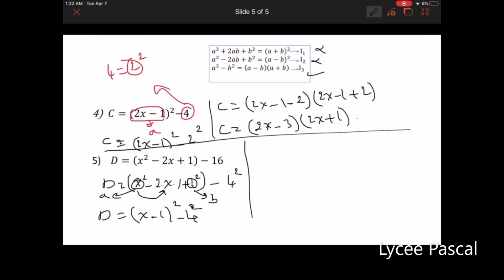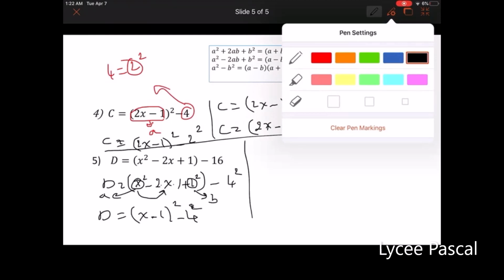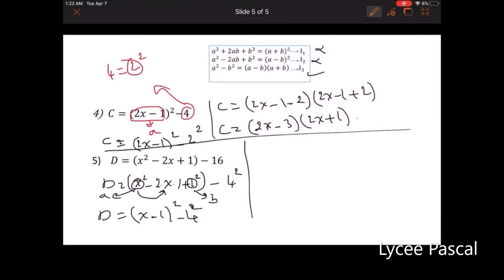So now here we have another identity, the identity of the form A squared minus B squared, where A is x minus 1 under the power 2 and B is 4 under the power 2. So we write now D equals A, x minus 1, minus B, that means minus 4, again A, x minus 1, plus B, plus 4.